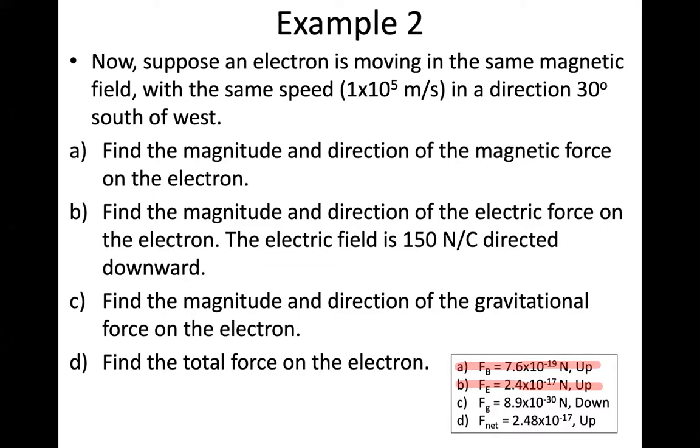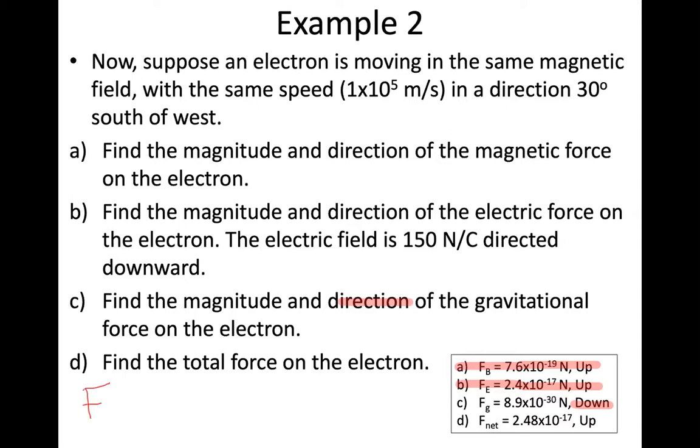But now, let's look at gravity. Well, gravity always pushes down. There's no choice on that one. Doesn't matter if you're a positive charge, a negative charge, heavy, light, it doesn't matter. Gravity's always down, period. So find the magnitude and direction of the gravitational force on the electron. Well, this is just mg.